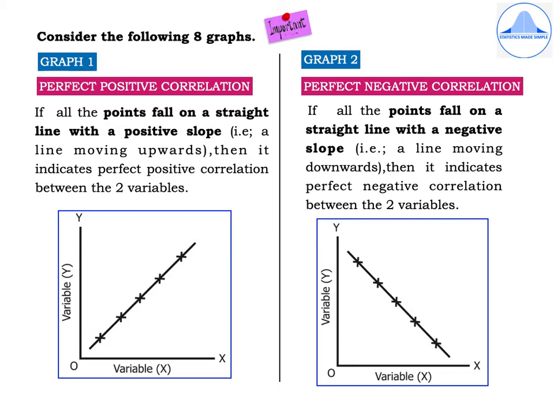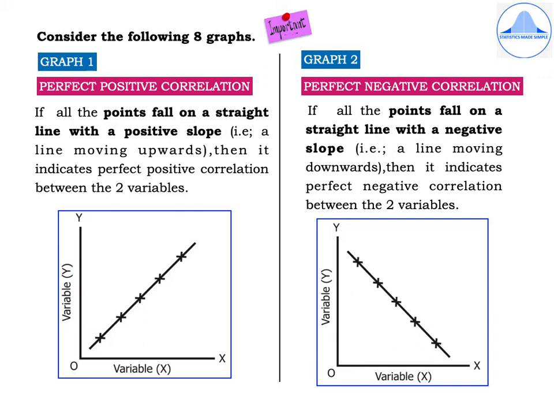In graph 1, I have taken the values of the x variable on the x-axis and the values of the y variable on the y-axis, and when I plot each pair of x and y values and join them by a straight line, then I get graph 1.